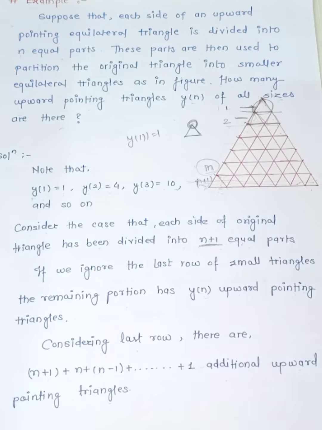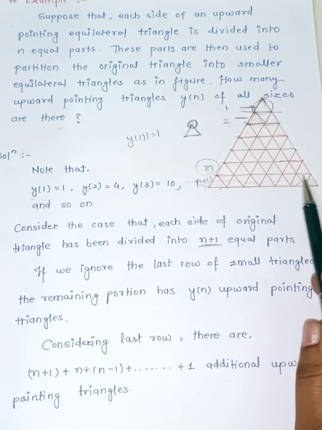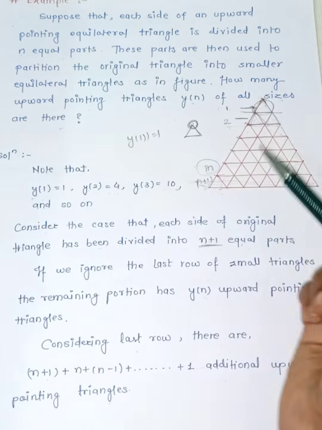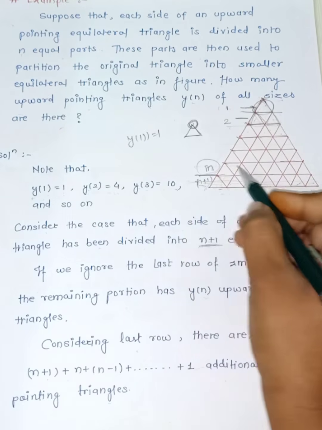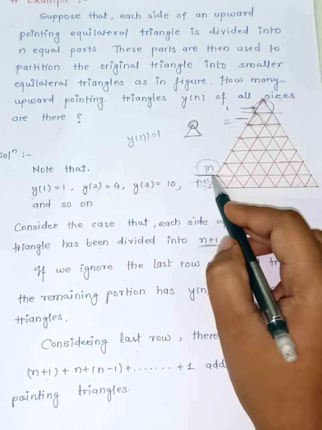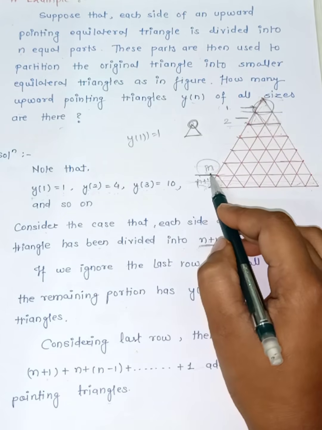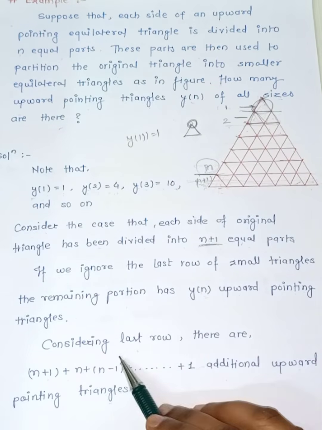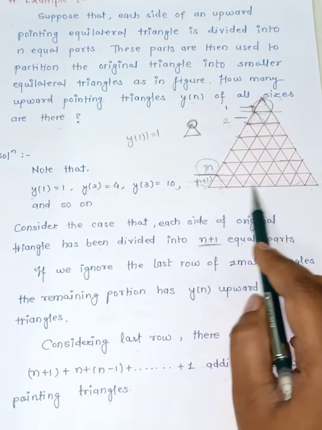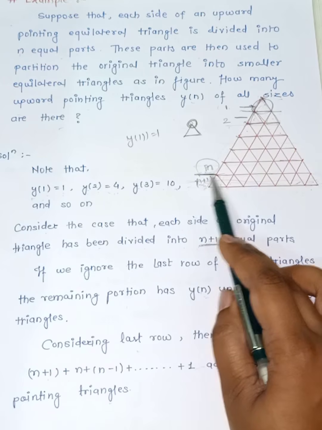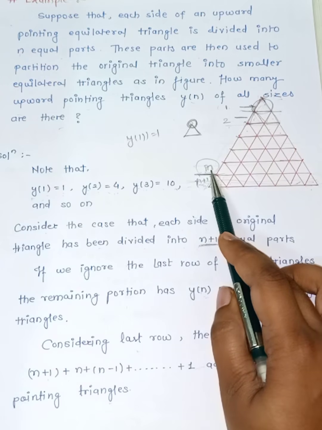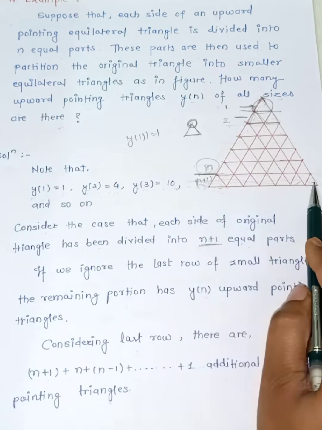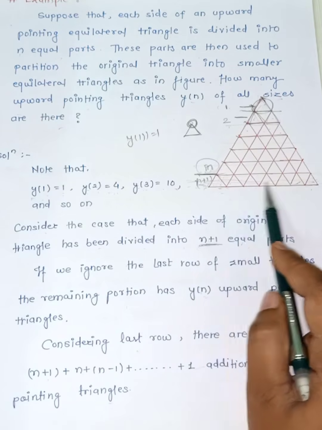Okay, and if we ignore this, we can say that upward pointing triangles in this section up to this, okay, from 1 to this, we can say that there are y of n upward pointing triangles. Then we consider the last row. Here we can say if we are stopping here, we can get n triangles. So next one will be n plus 1. So in the last row, we can say n plus 1 triangles are there.